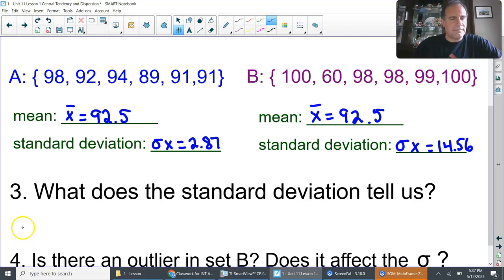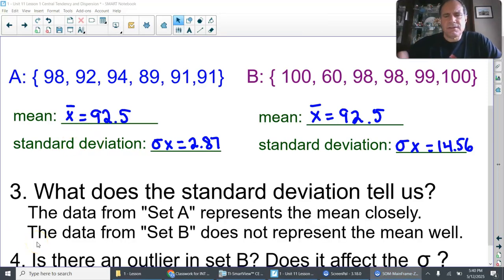And that really is telling. With a larger standard deviation, the numbers are more spread out and don't represent the mean as well as the standard deviation of 2.87, where the numbers get clustered around that mean.